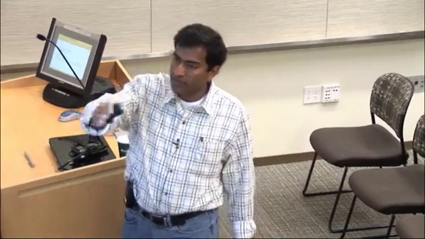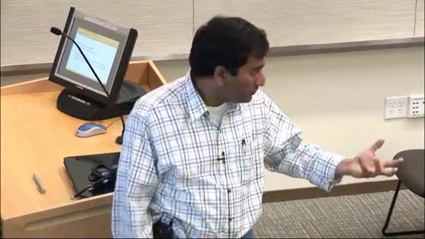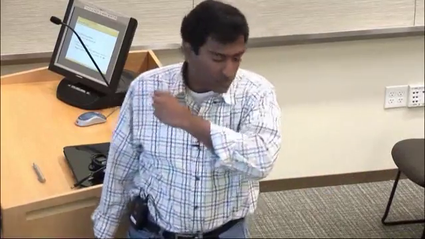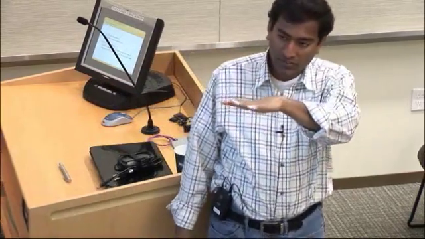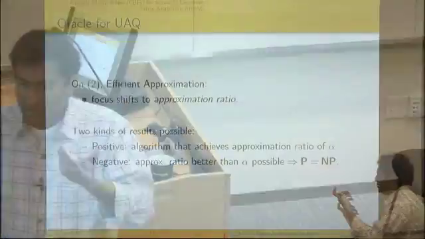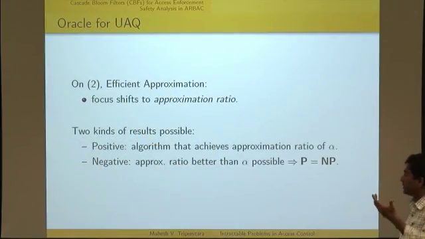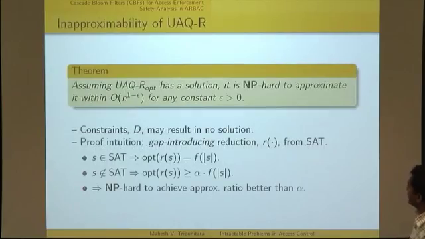So we expect 2 kinds of results for an algorithm. One I'll call a positive result: I present an algorithm to you and prove that in the worst case it achieves a certain approximation ratio. The other, which is the main thing behind approximation theory, is negative results, which show that a certain approximation ratio is the best that you can hope for. Here's an example of a result that we have.